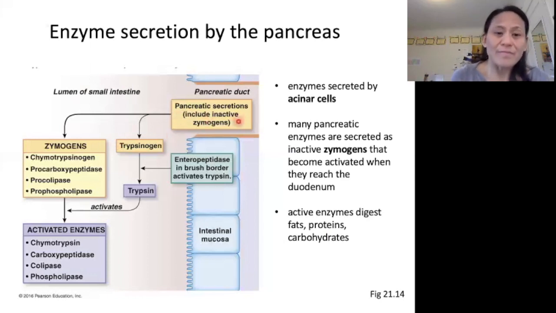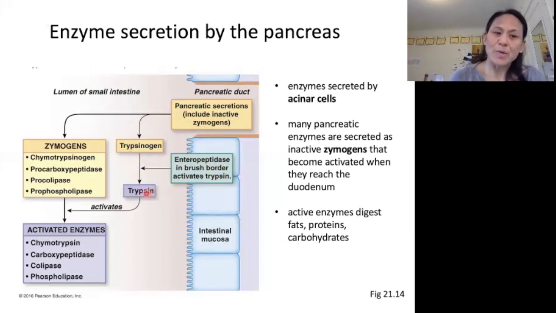One of the zymogens that we have coming from the pancreas is called trypsinogen. It's inactive, okay? It gets activated by these enteropeptidases that are located in the brush border of the small intestine.